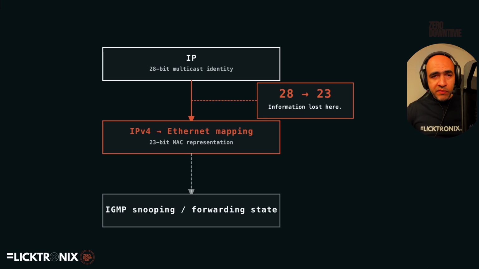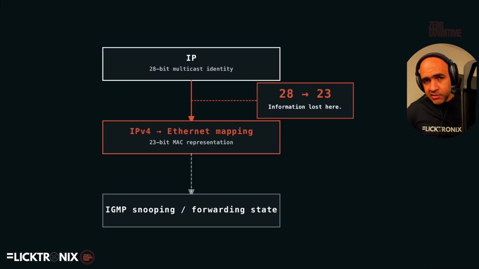So if two IPv4 multicast addresses produce the same Ethernet multicast MAC, layer 2 has a shared representation of those addresses. Snooping could reduce unnecessary forwarding and flooding. It could not change the fundamental mapping, so don't conflate the two.